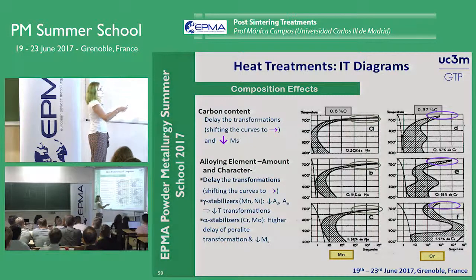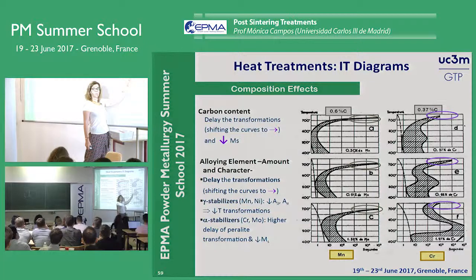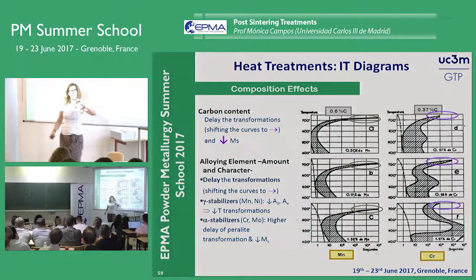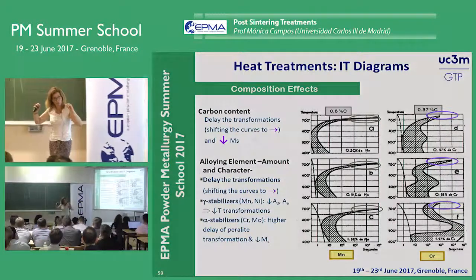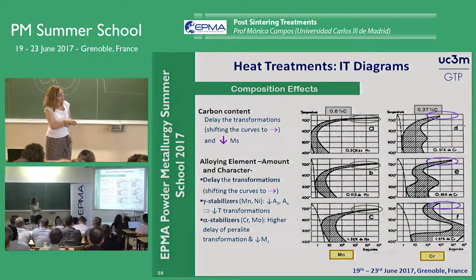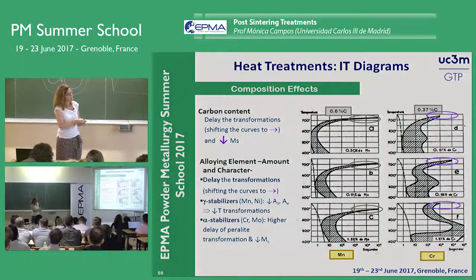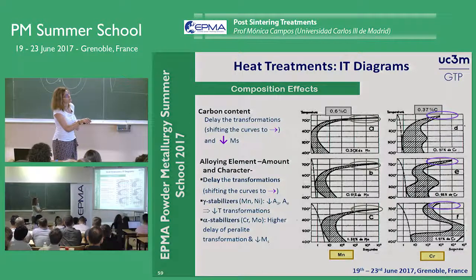That's the reason why here we only have this curve, and here we divide into regions: the pearlite transformation, the bainite transformation. Here the formation of cementite is delayed in this kind of structure that we have in the pearlite system. But look how the curves are shifted to the right when we increase the amount of manganese and when we increase the amount of chromium.